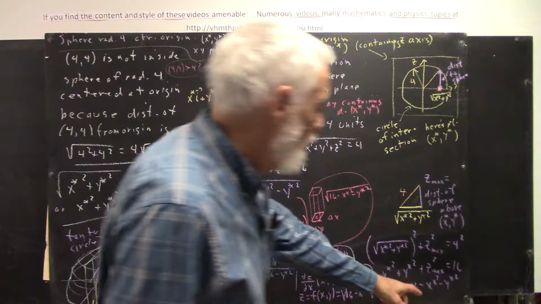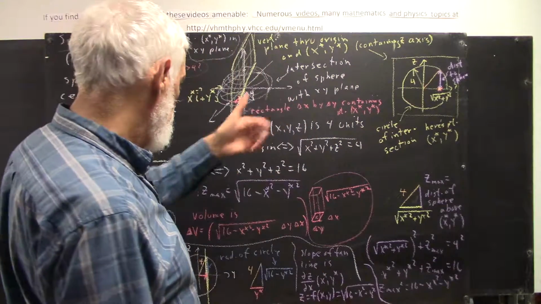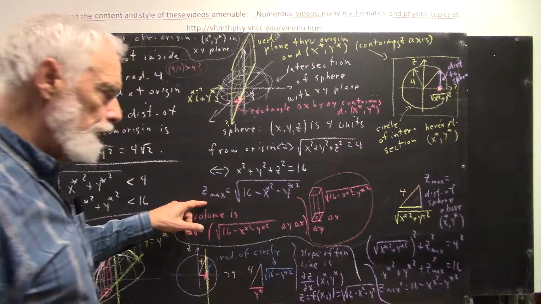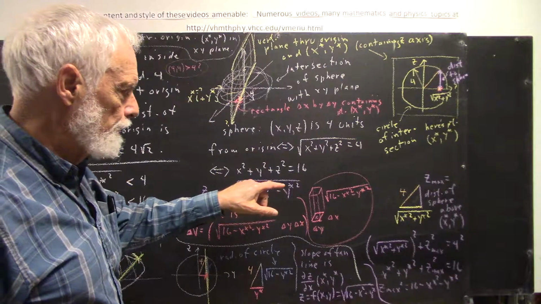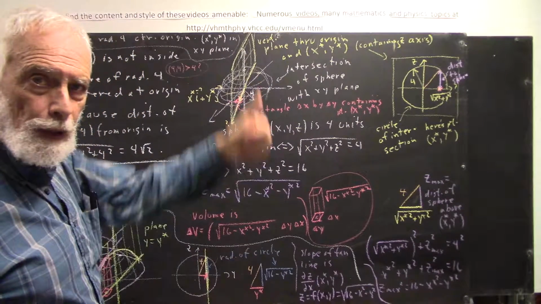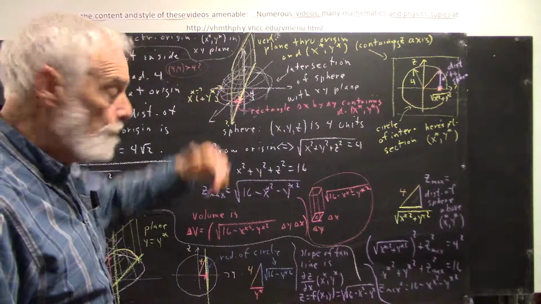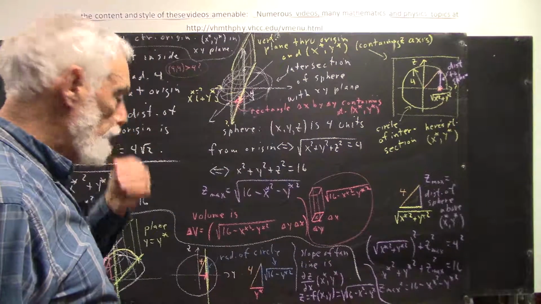So now we have an expression, the square root of this, for how far we have to go to get there. So we get z max equals the square root of 16 minus x star squared minus y star squared. Now I used the positive because I said how far do we have to go up, and all I said was how far, not in what direction. So we would discard the negative solution.